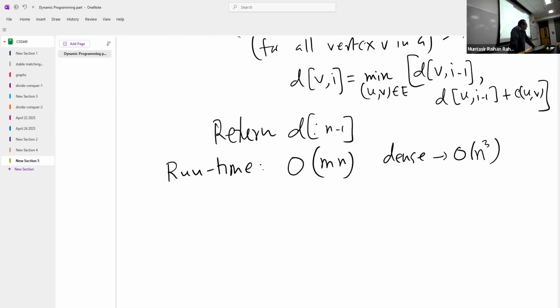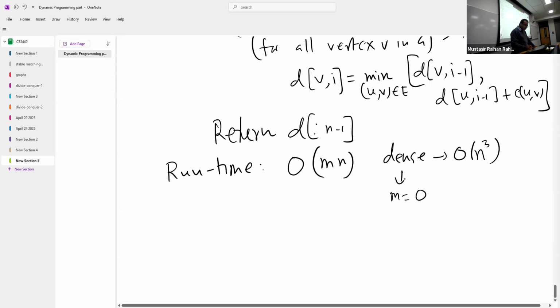Again, this is a trick question to solidify an understanding of complexity theory. Could you explain what dense is? Dense means that m is O of n squared. For example, the complete graph is dense because it has all possible edges.